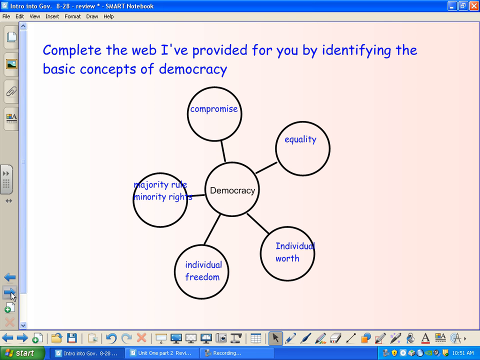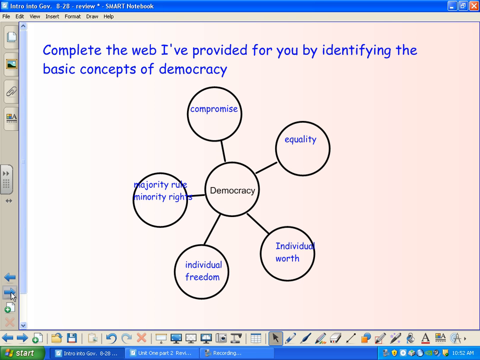Compromise, of course, is the willingness to come to some sort of compromise where views are accepted, some are kept, some aren't, in order to be able to continue to govern. So that's creating a compromise. Equality, of course, means equality for all, and individual worth means respect of the individual and their worth to society.